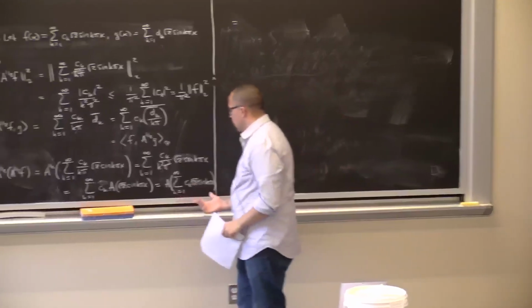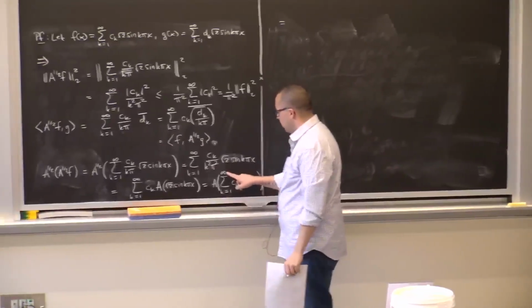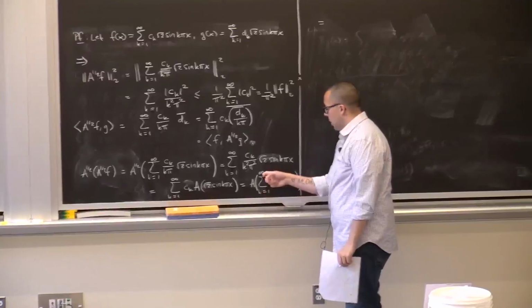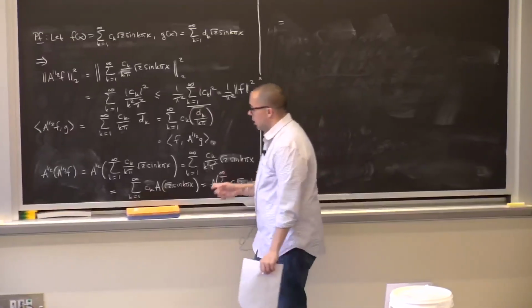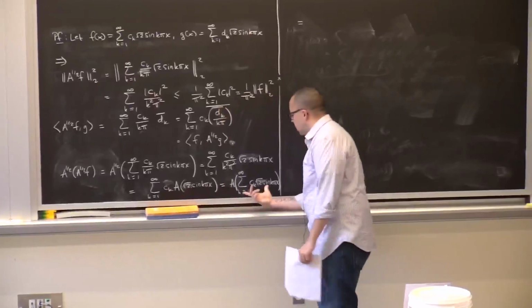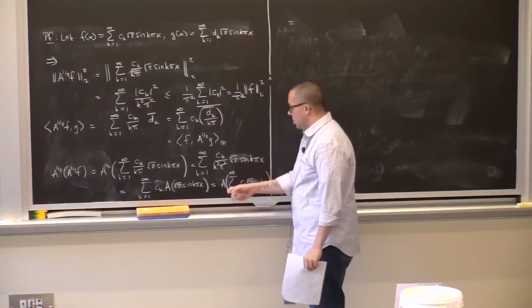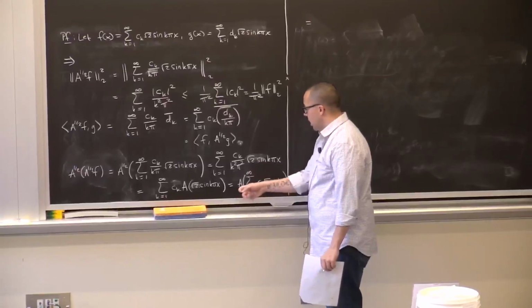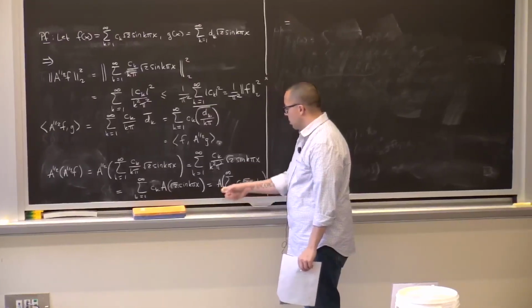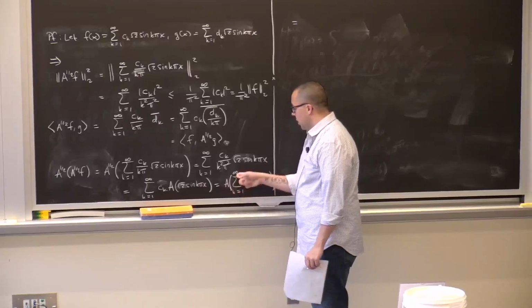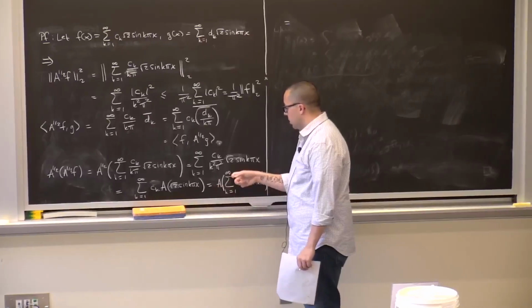Why can I do this? It's because if I put a finite n here, then the sum from k equals 1 to n converges in L2 norm to this quantity here with an infinity. Since A is a bounded linear operator, the limit as n goes to infinity of A applied to the finite sum is equal to A applied to the infinite sum.